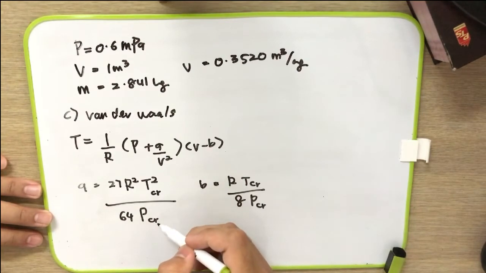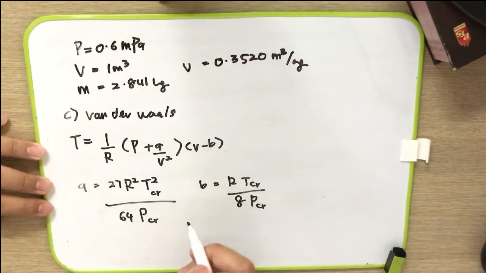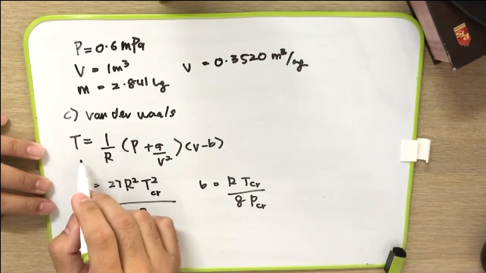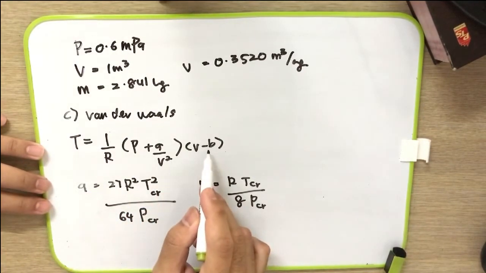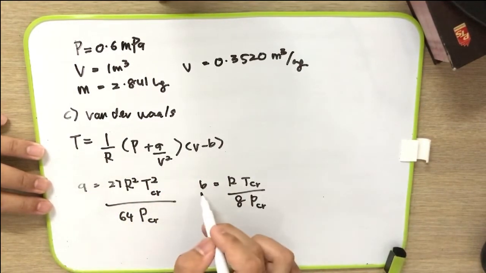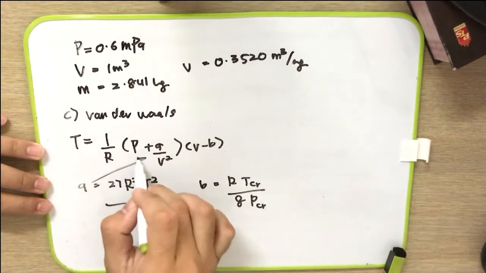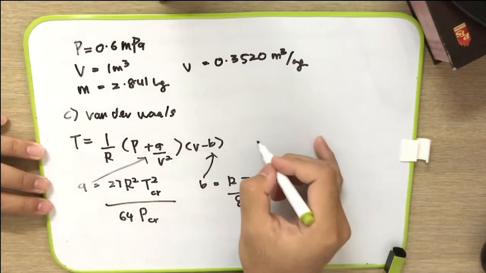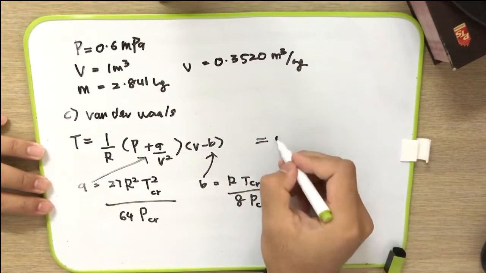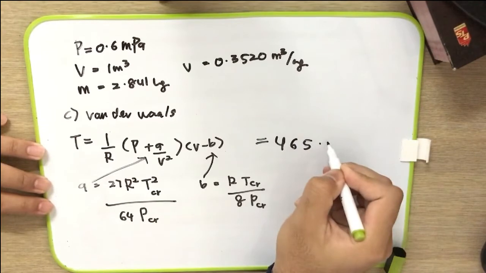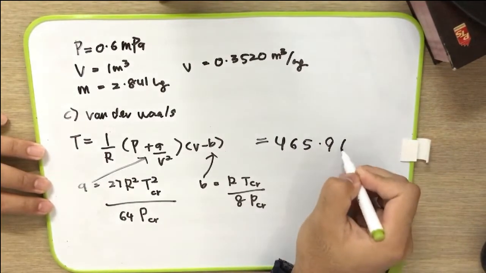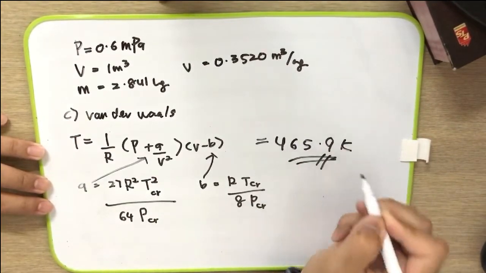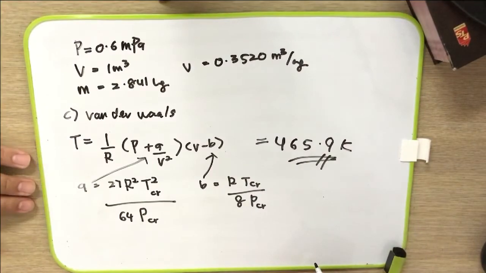The T critical and P critical we can find from table A1 for water. So the calculation for van der Waals is very straightforward. In order to find T, we need to find first the A and also B. After we get the A and also B, we substitute in here. Then we solve T, and T we will get is equal to 465.9 Kelvin. So that is how we solve question number 3.